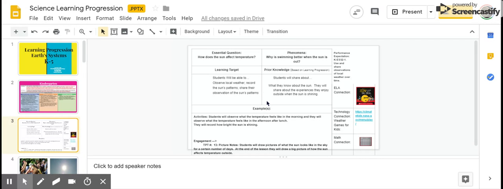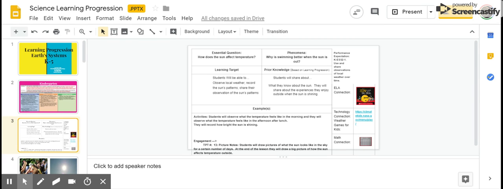And then they will share about what they know about the sun, and they will share about the experiences they enjoy outside when the sun is shining. Some of those activities include the analyzing and understanding the patterns.